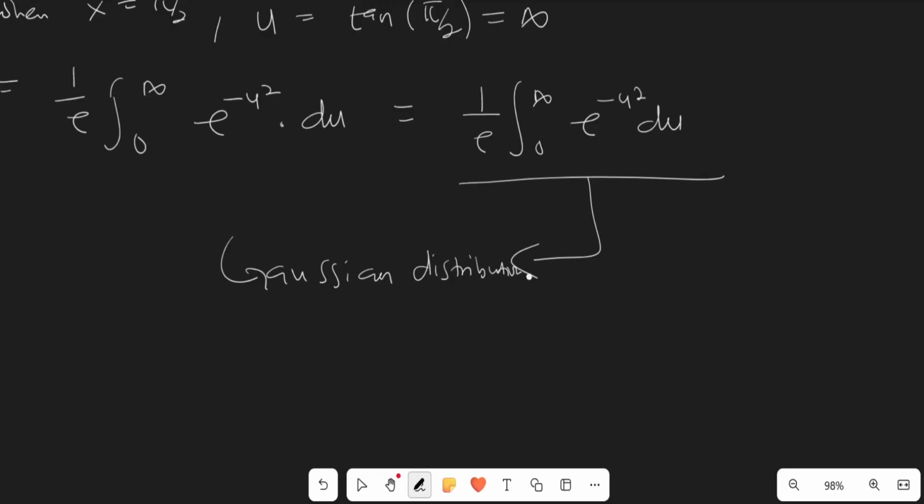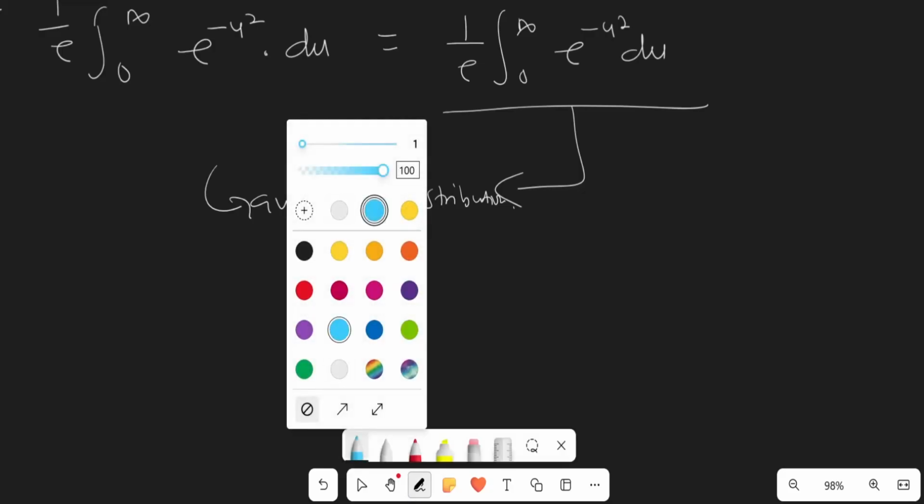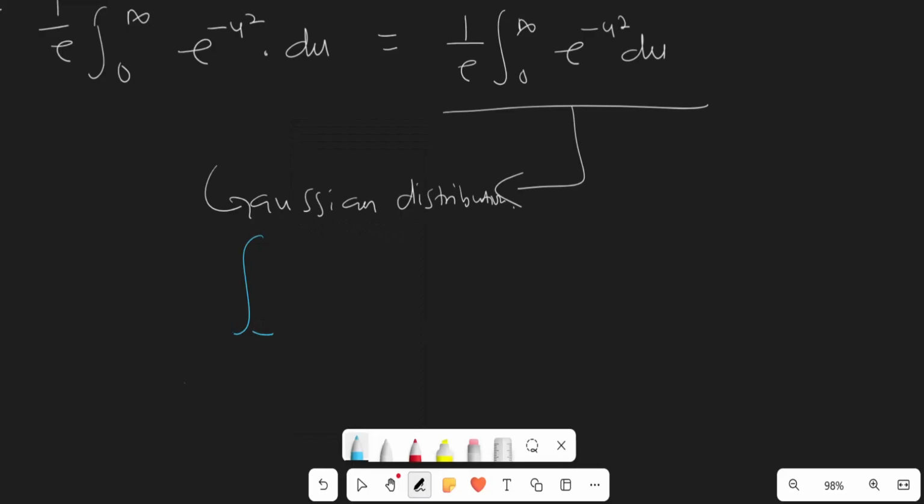The Gaussian integral says that the integral from negative infinity to positive infinity of e to the negative x squared dx is going to be the square root of pi.